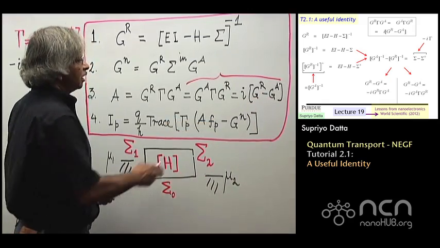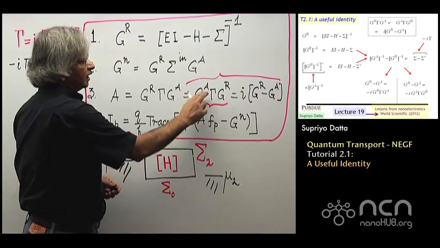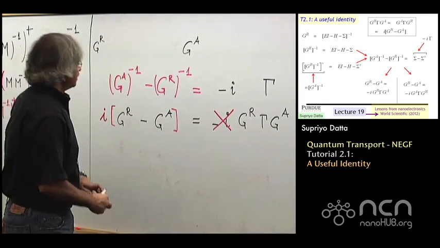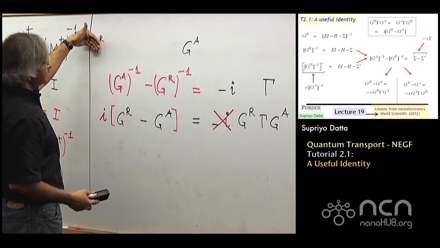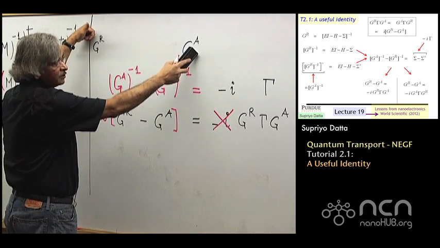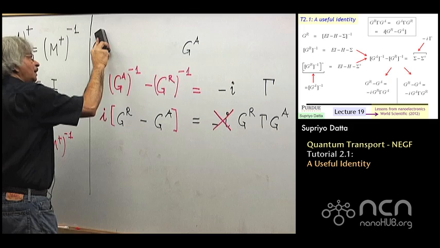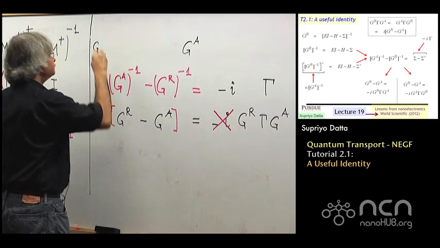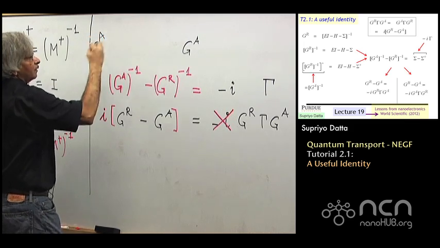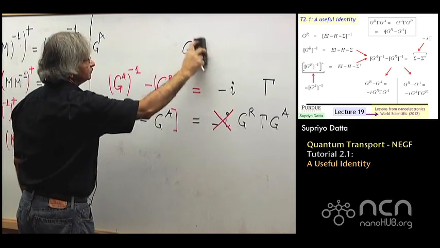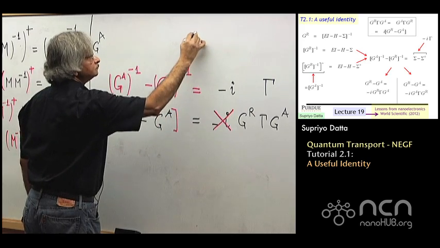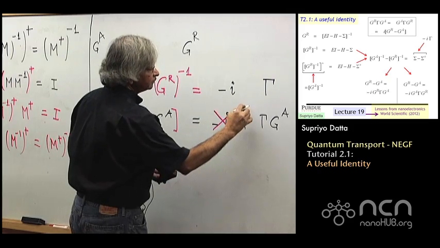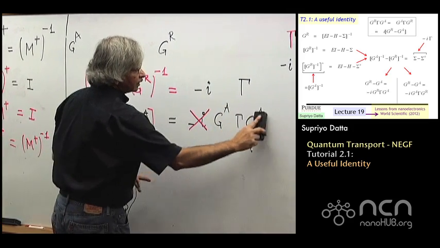We've shown that GR gamma GA is I times GR minus GA. Okay. Now, how would you get the other property, namely GA gamma GR? Well, the way you could do this is, when I said multiply from the left with GR and from the right with GA, instead, let's multiply from the left with GA and multiply from the right with GR. So what that means is, on this side, I'll get a GA here and a GR there.